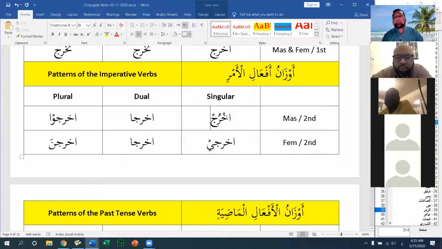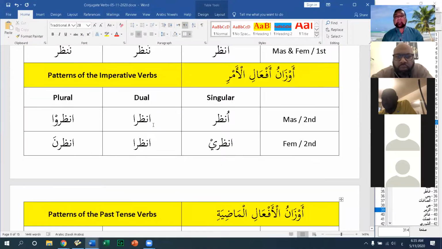So here we would say ukhruj. Why did we say ukhruj? Because the ayn, which is the middle letter, the second original letter, has dhamma, so we say ukhruj. Whereas here, also unzur, we should not write in the dhamma there. That was a mistake.